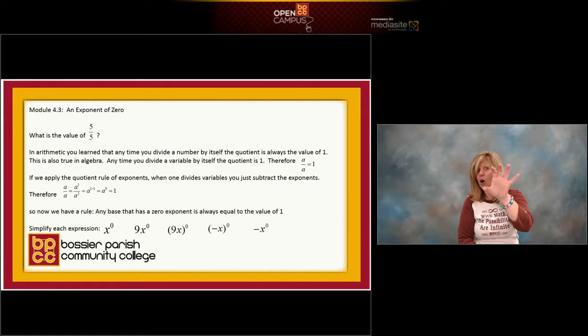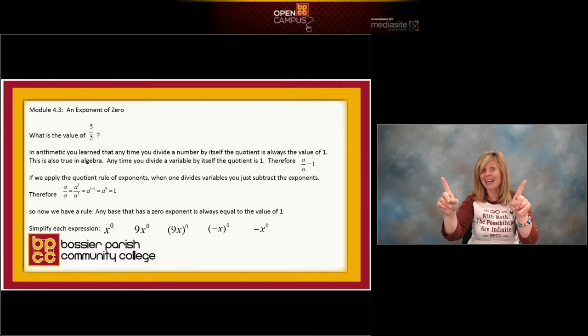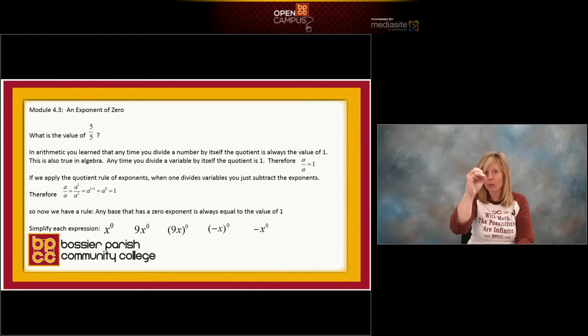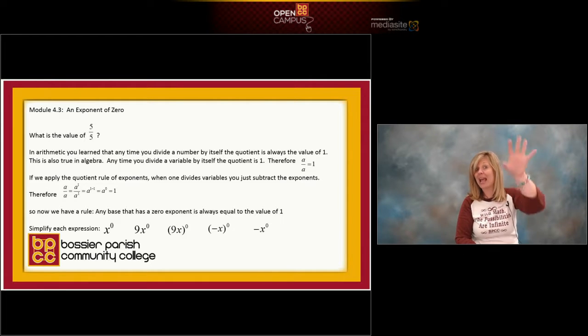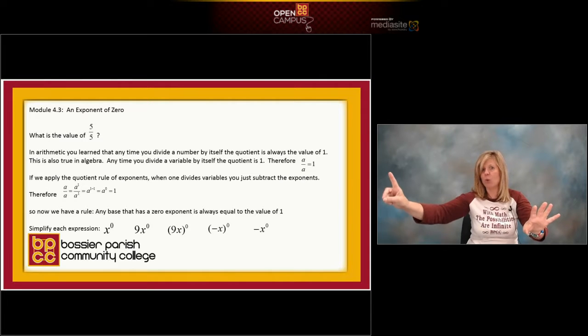If I just write good old a, the exponent's understood to be 1. And if I just write in the denominator good old a, the exponent's understood to be 1. And the rule is when you divide, you're supposed to subtract those exponents. Well, if the exponent is 1 and 1 and I subtract, what do I get? I get a 0. Now, we don't write a to the 0. We know because we divided a by a, the same thing, the answer should be 1.